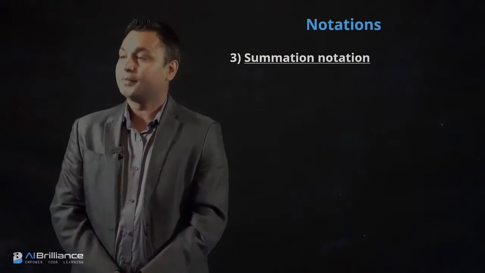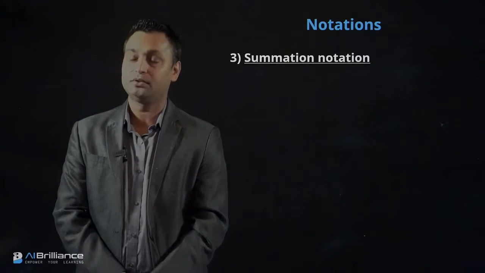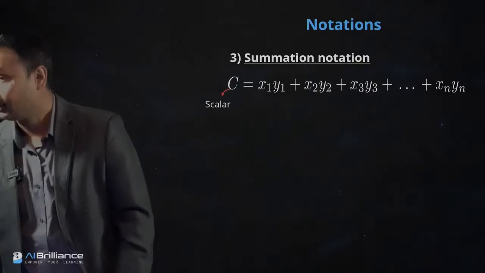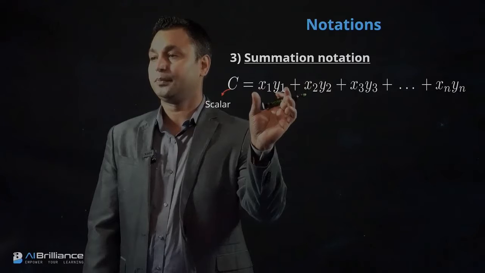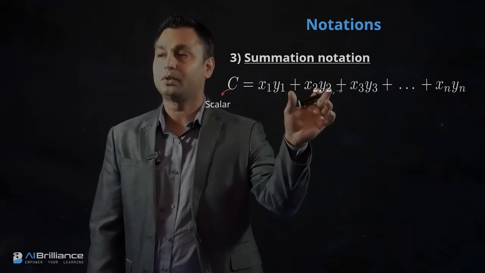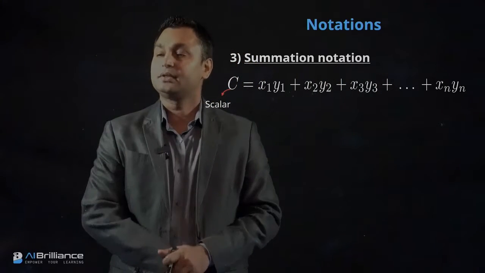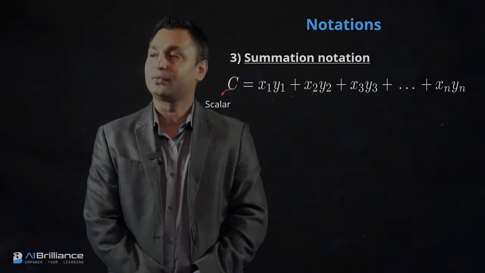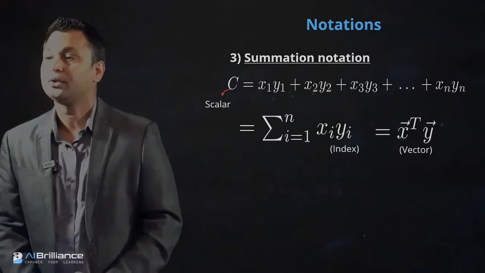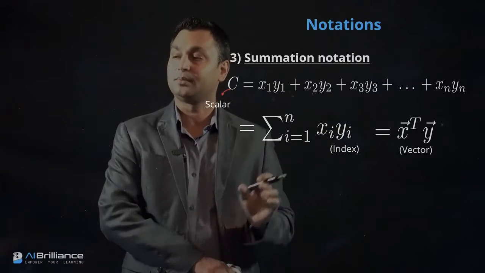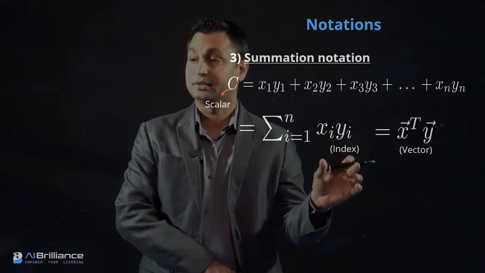One of the things that you will commonly see in optimization problems is the use of the summation notation, so I want to quickly discuss that. Essentially you will have a scalar represented as a sum of multiplications of different variables: x1 y1, x2 y2, x3 y3, and writing this in shorthand might be useful. That's where the summation notation comes into the picture. You can write this simply as the summation, i goes from 1 to n, of xi yi, which is the index format.